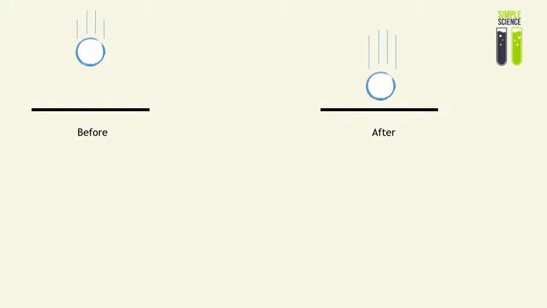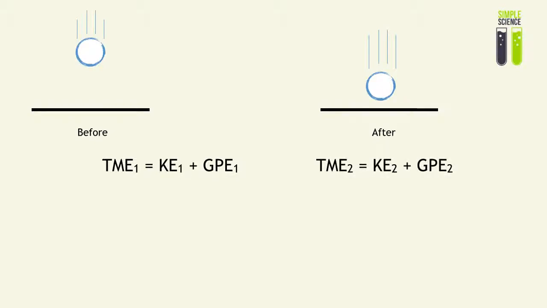Let's look at the total mechanical energy of the first diagram, the before diagram. It is equal to its kinetic energy plus its GPE. We call it KE1 plus GPE1. Afterwards, the total mechanical energy of the after situation would be TME2, equal to KE2 plus GPE2.